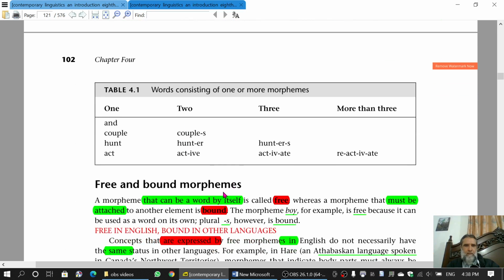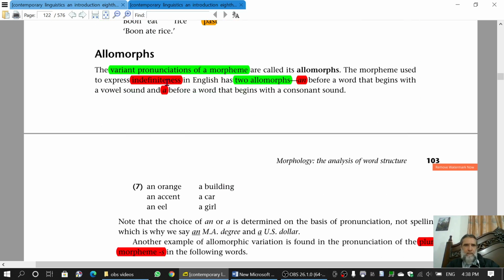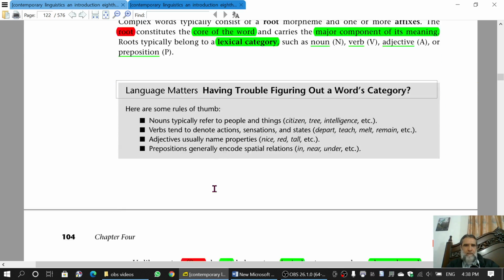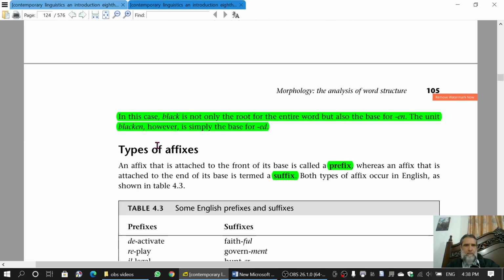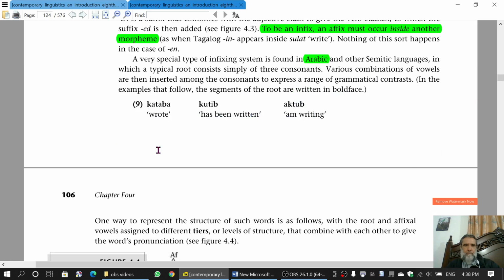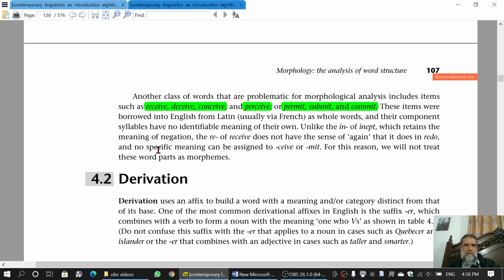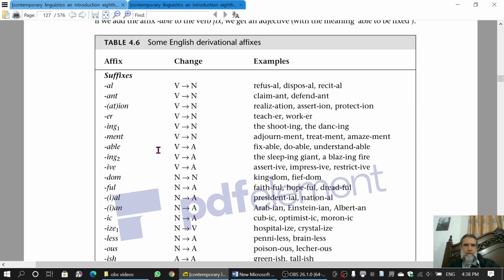And then we discussed the free and bound morphemes, allomorphs, and we said that it is the variant pronunciations of a morpheme. And after this, we discussed roots and affixes, and then bases and difference between bases and roots and similarities. We also talked about the types of affixes and some of the problematic cases. After this, we discussed derivation and some of the derivational affixes.